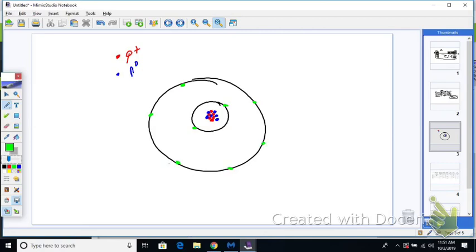Have you guys seen a model like that before? Yeah. Okay, so that's not foreign to you. Now, we don't want to draw models out every single time we describe some of the characteristics that we would have for a particular atom.